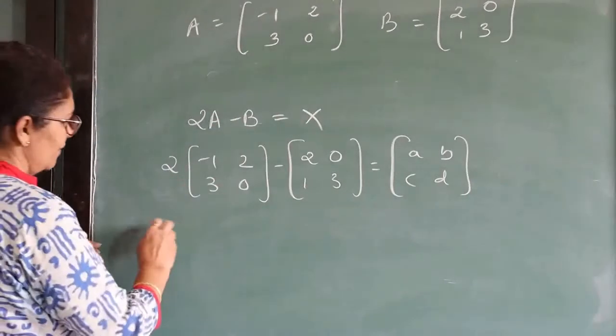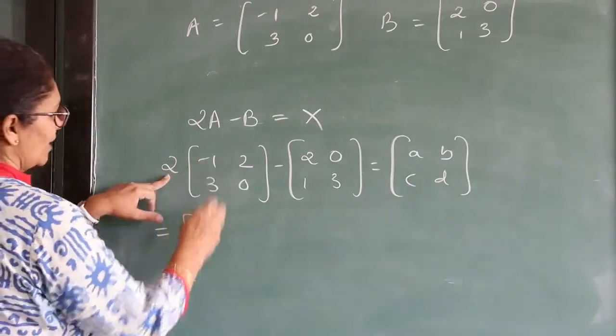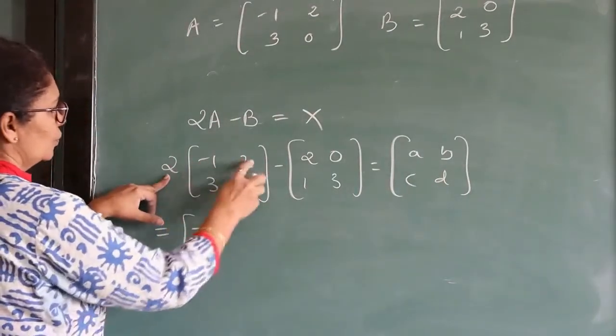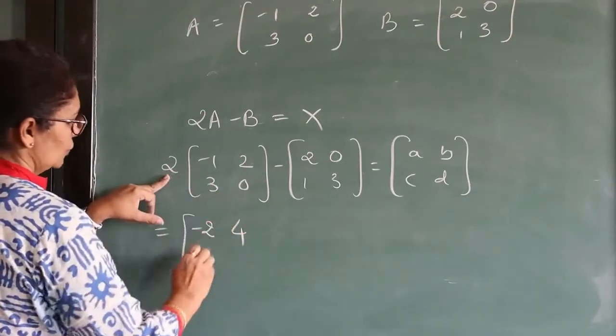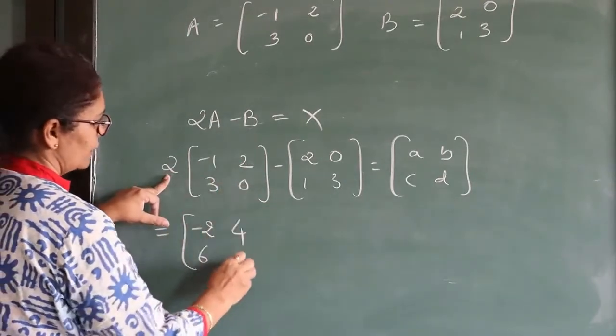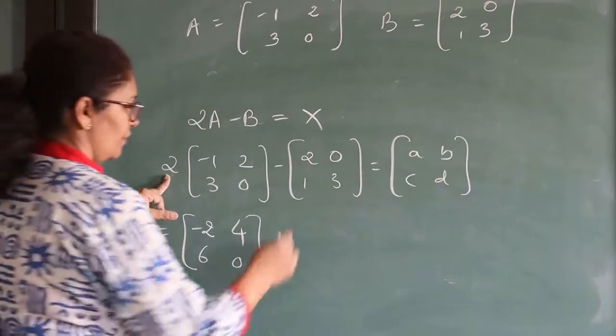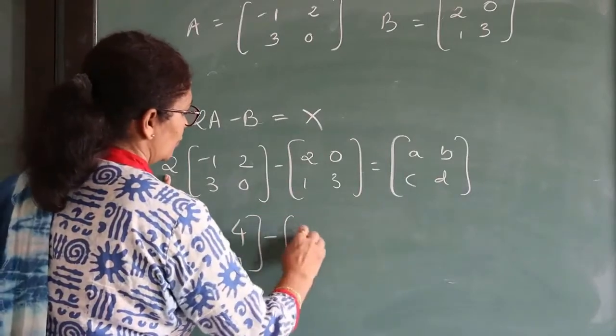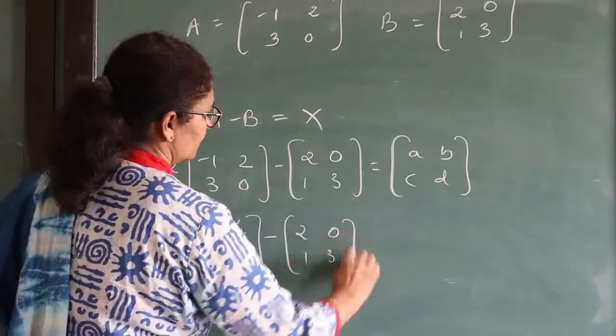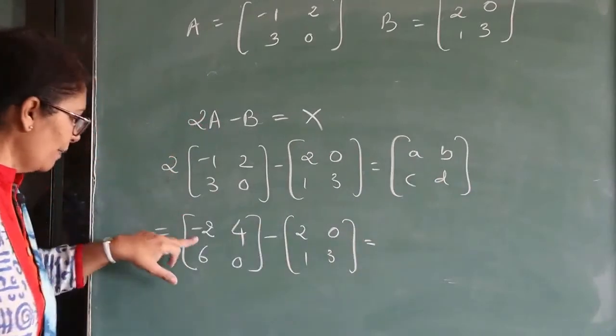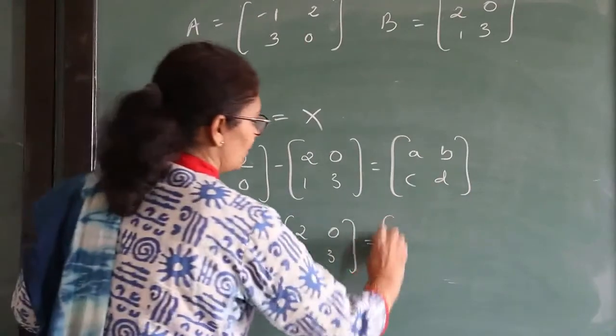So now let's simplify it. First thing, minus 1 into 2, minus 2. 2 2s are 4. 2 3s are 6, and 2 into 0 is 0. Now minus 2, 0, 1, 3. Let's subtract it. Minus 2, minus 2.